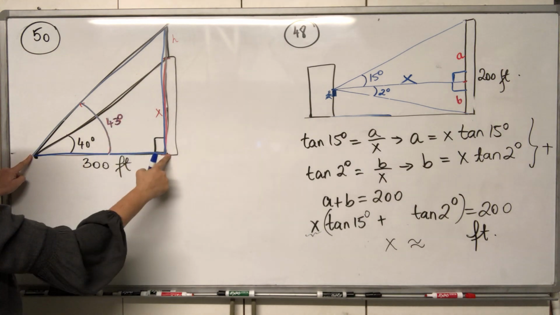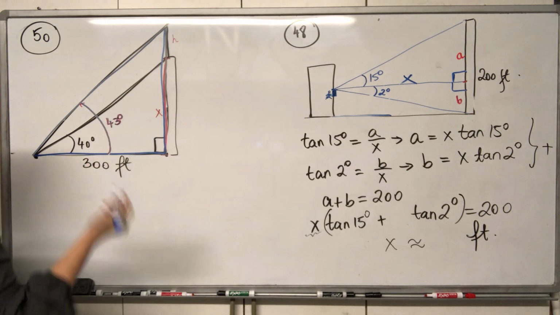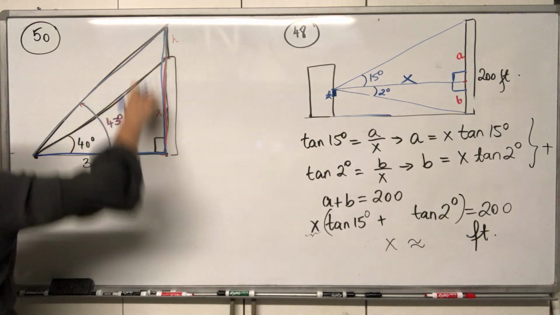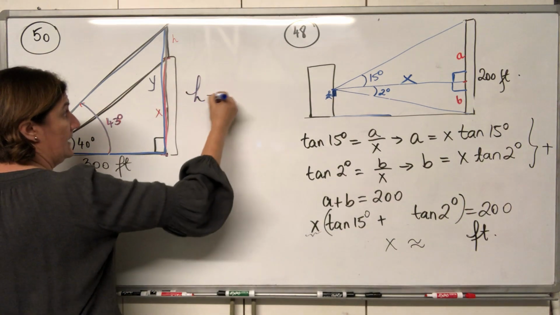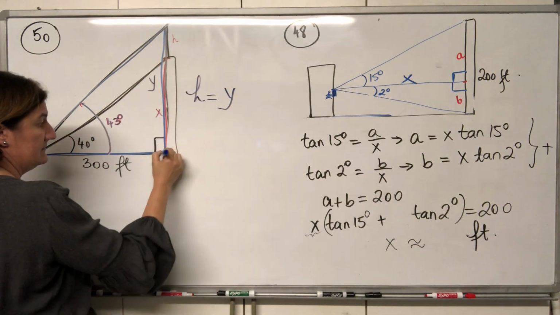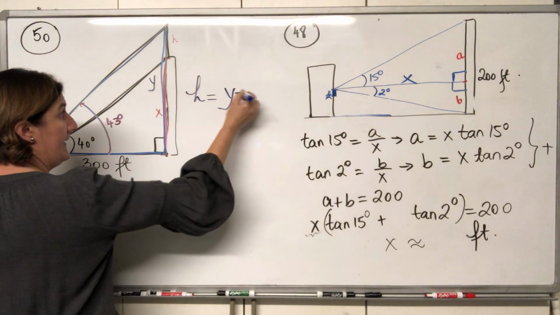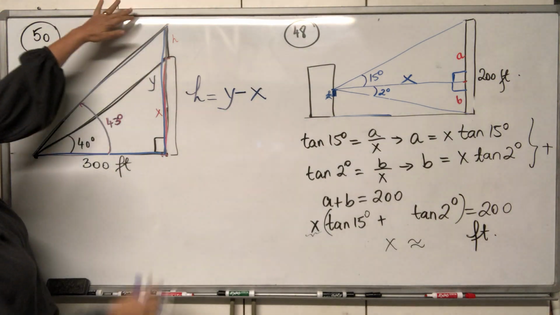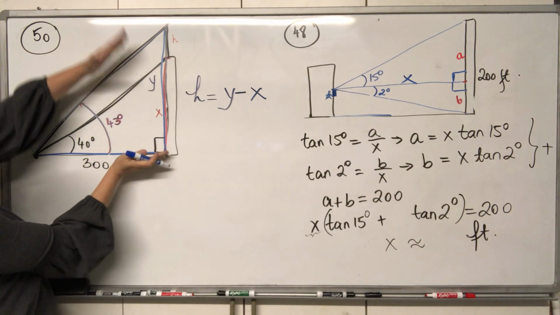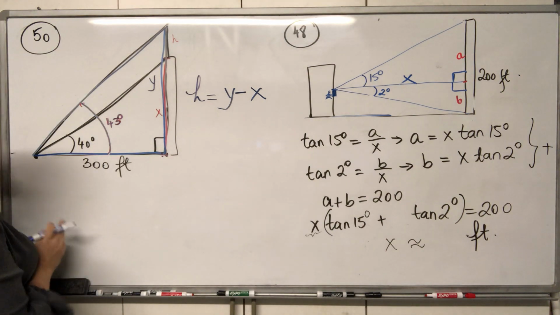I know this side here is still 300 feet. And what I could find is this long side, let me call it Y, all the way to the top. So great. Then what will H equal to? H will equal Y, building plus antenna, minus X, just the building. And both X and Y I can find out of this right triangle.